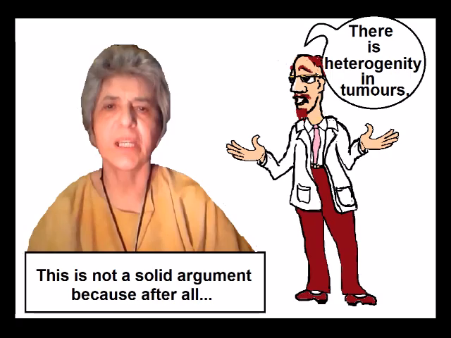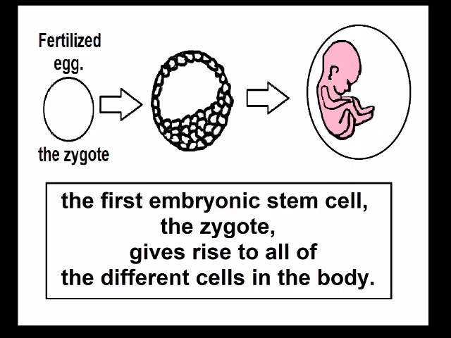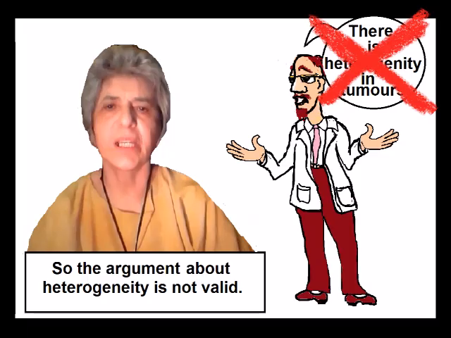This is not a solid argument because after all, the first embryonic stem cell, the zygote, gives rise to all of the different cells in the body. So the argument about heterogeneity is not valid.